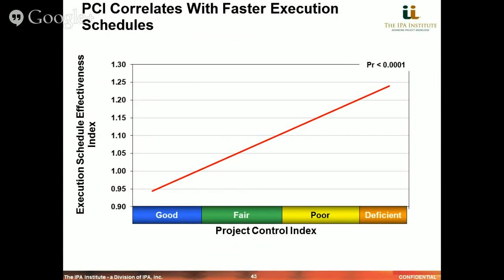Projects that systematically reach a good level of project controls are more likely to be faster than industry average in terms of their execution schedule, whereas projects that are in fair or particularly poor areas of project controls systematically seem to result in longer or slower than industry average schedule performance.